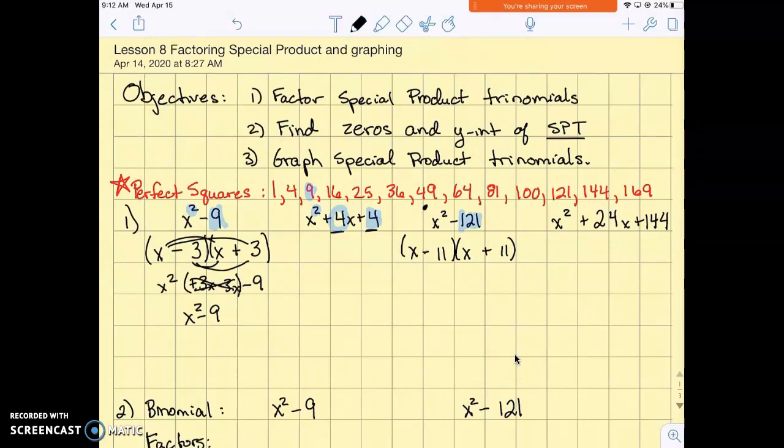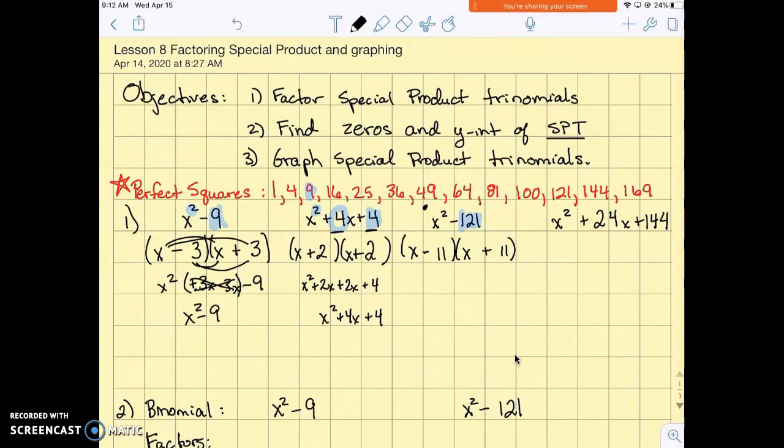Yes, it is. So we're going to do x plus and x plus. Now what is the square root of 4? 2 and 2. Cool. And again, we can multiply it. We would get x squared plus 2x plus 2x plus 4, which would be x squared plus 4x plus 4. So going forward and backward, this does work.